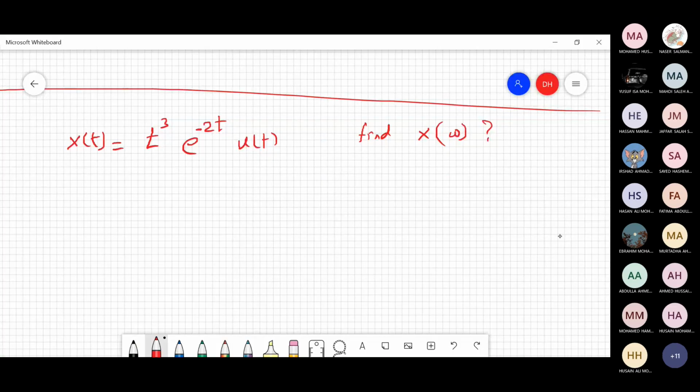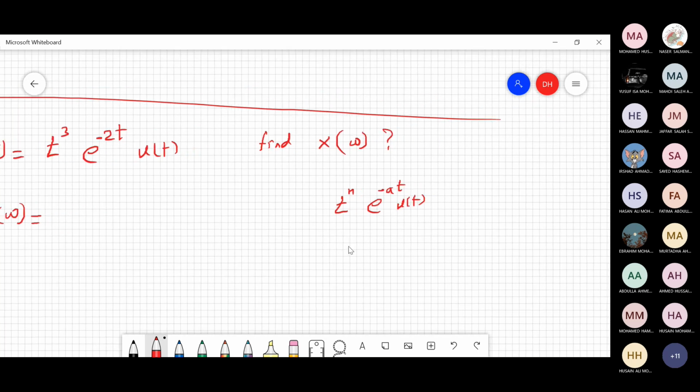So then X of omega. It says that for t to the power of n e to the power of minus at u of t, the Fourier transform is ready. It's equal to n factorial divided by j omega plus a to the power of n plus 1.